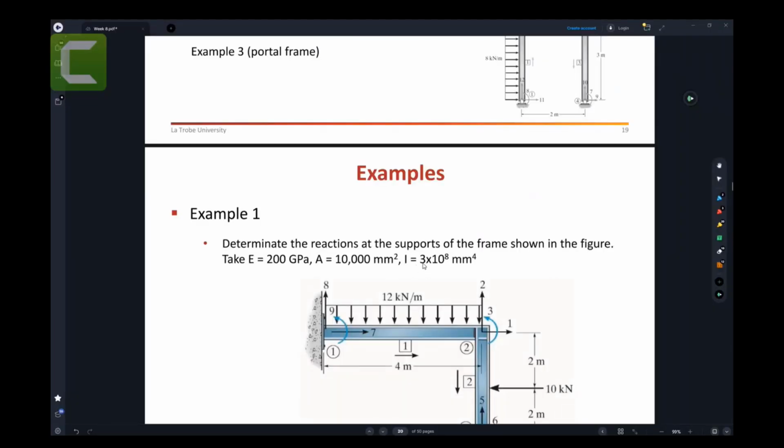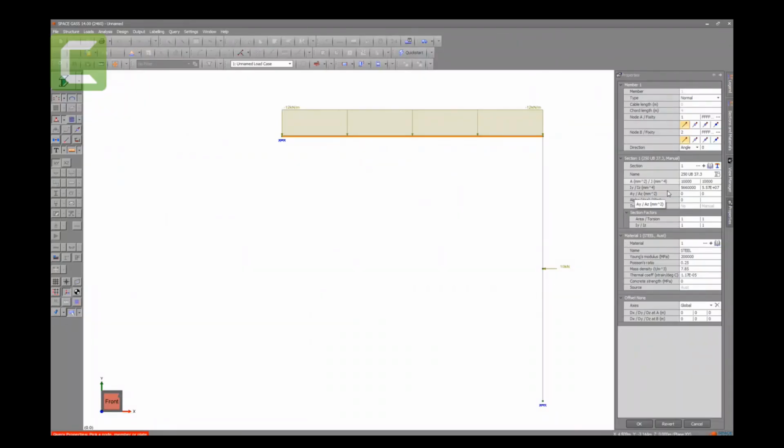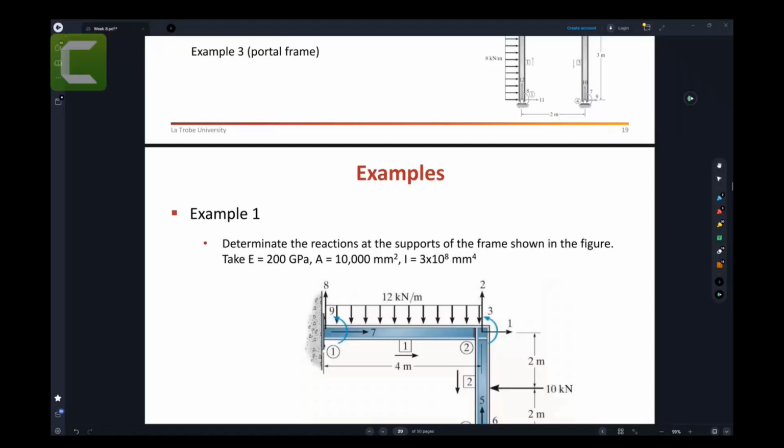What else is given? We have been given I, 3 times 10 to the power 8 millimeter to the power 4. So I is different. If you want to do it, you put E and 8, so I hope you understand 3e8.